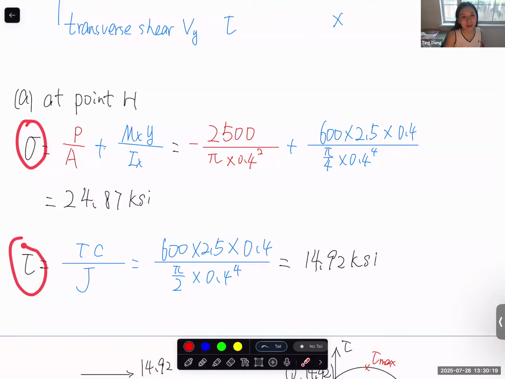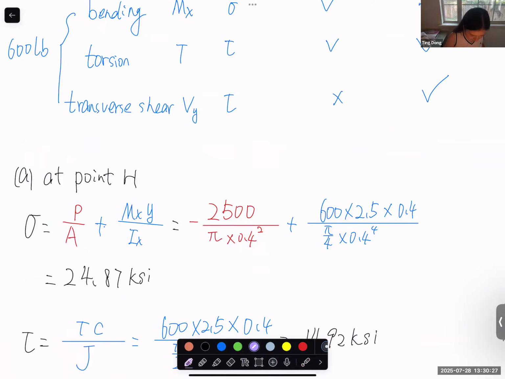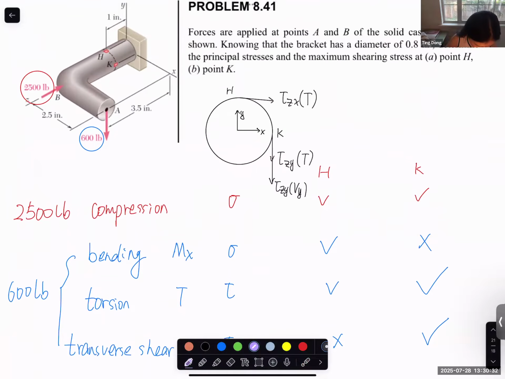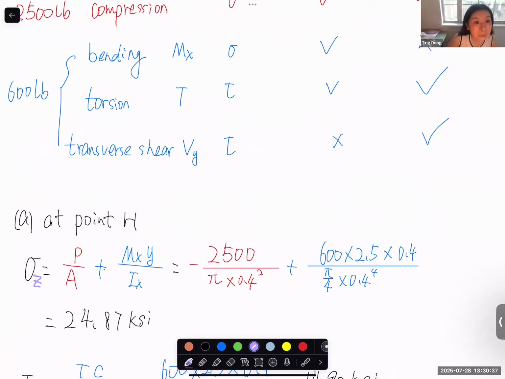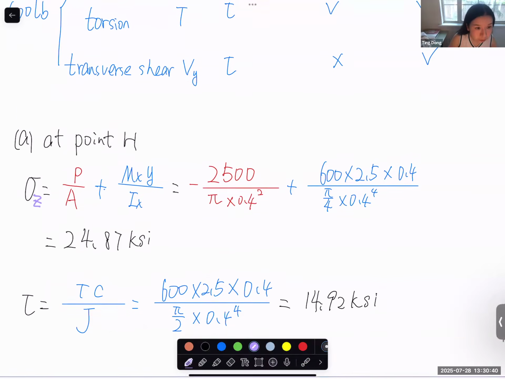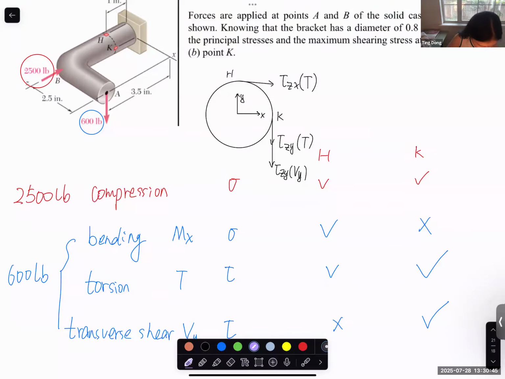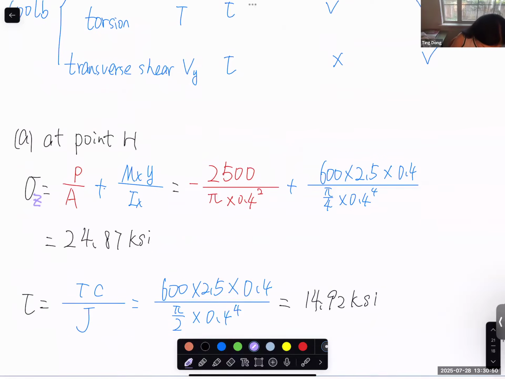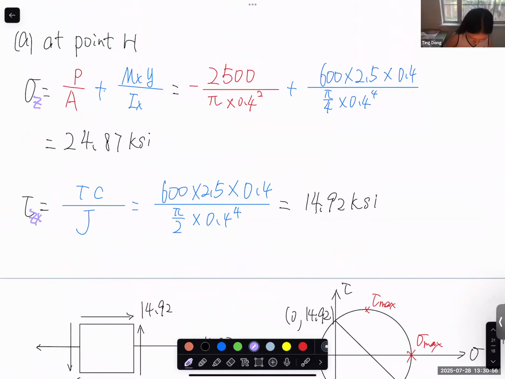So let's put a subscript here. Let's use a different color, purple. So let's say x-axis, z-axis. The normal stress is sigma z, right? Make sense? And the tau generated at point H should be on the z plane in the x direction: tau zx.